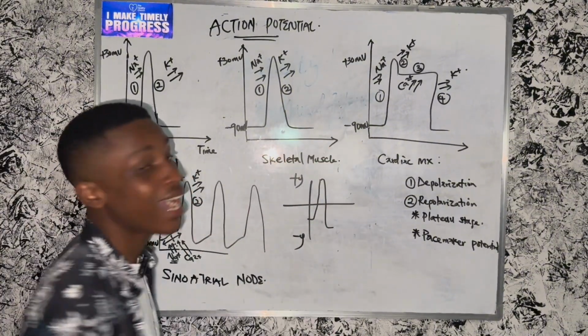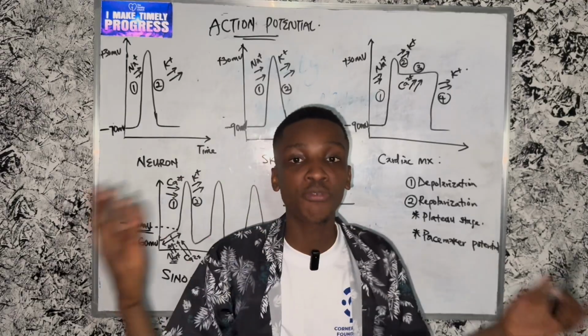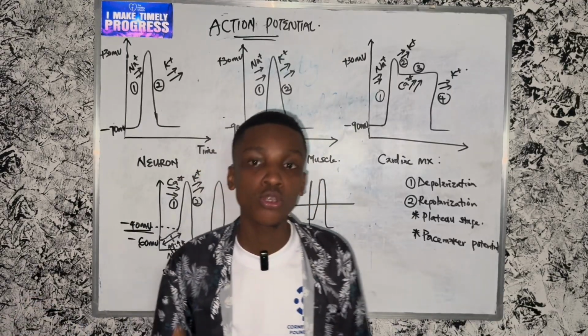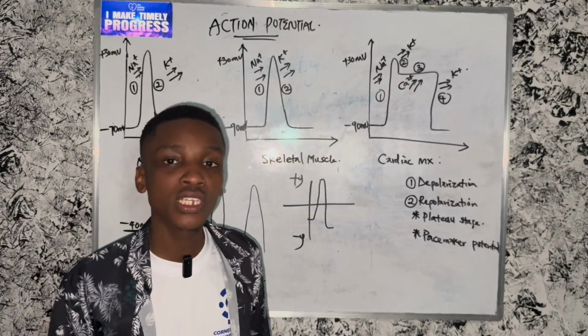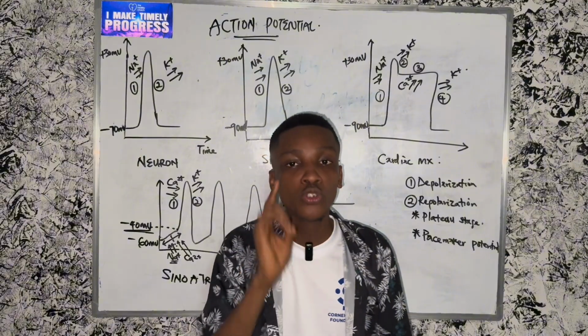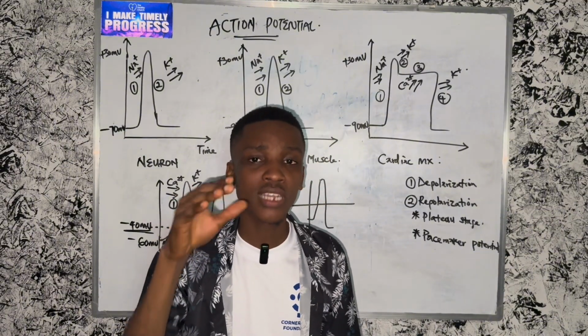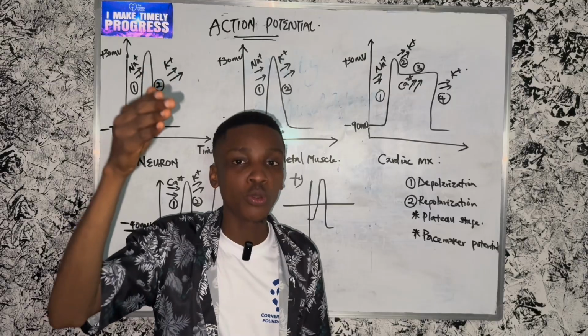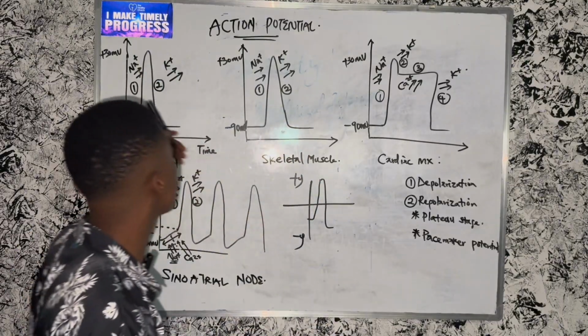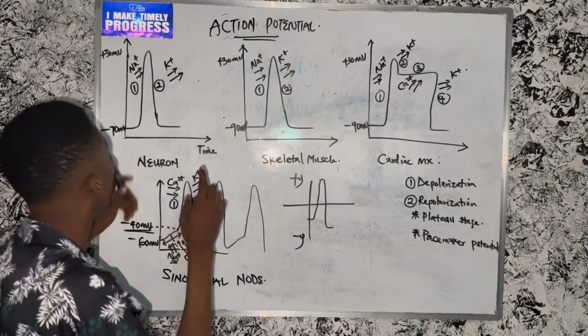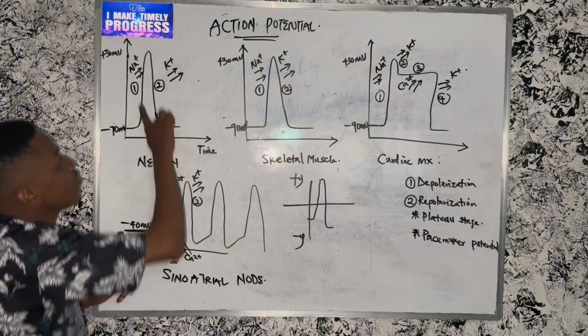This covers action potential of different excitable tissues. What are we to take note of? Action potential is a change in membrane potential due to a stimulus that has been up to threshold, and then it spreads along. Observe that anytime a positive ion is coming in, you have a spike.